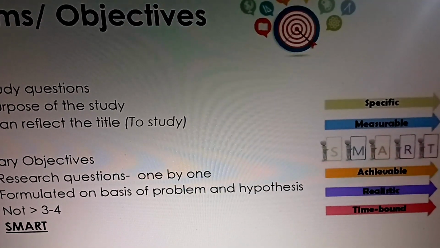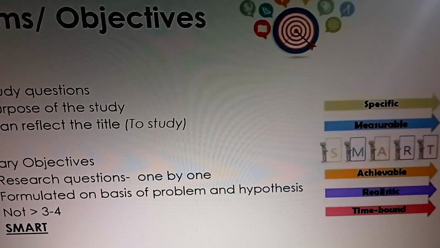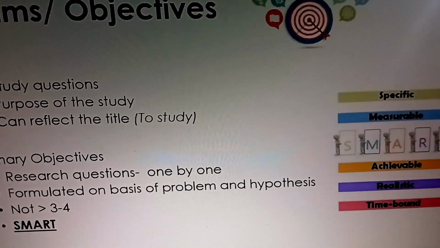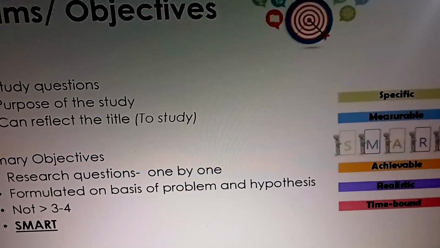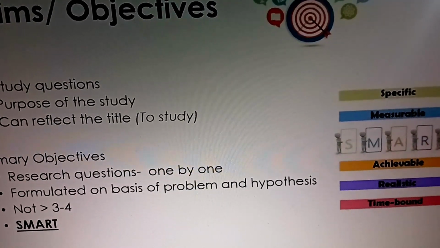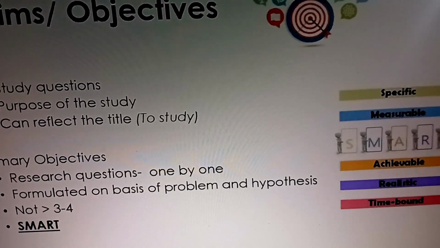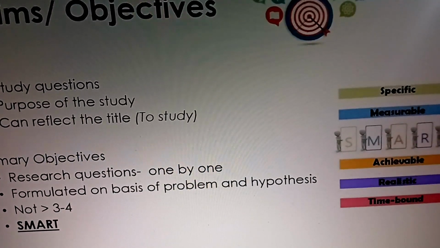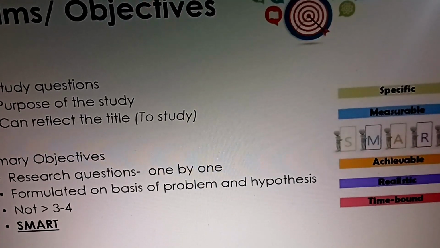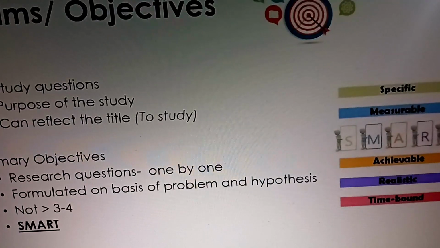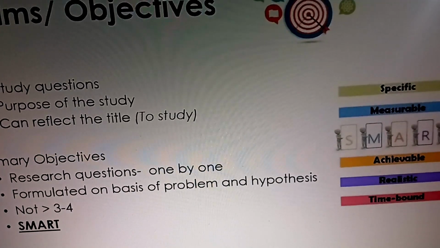If you say you want to understand the uptake for 6 months, it may not be feasible in terms of finance, and it may not be realistic or achievable. So your research objective, primary or secondary, should match the SMART aspects.